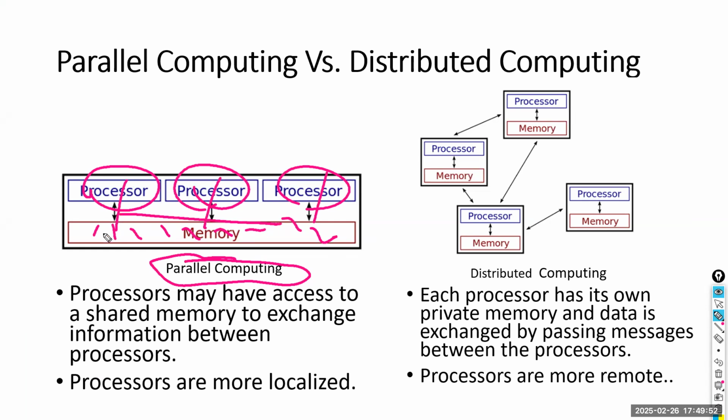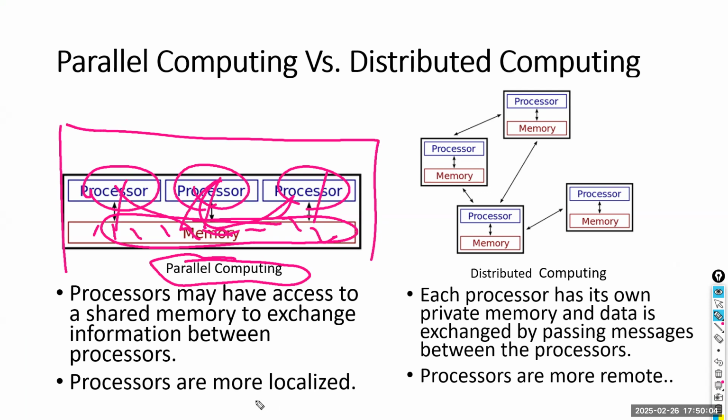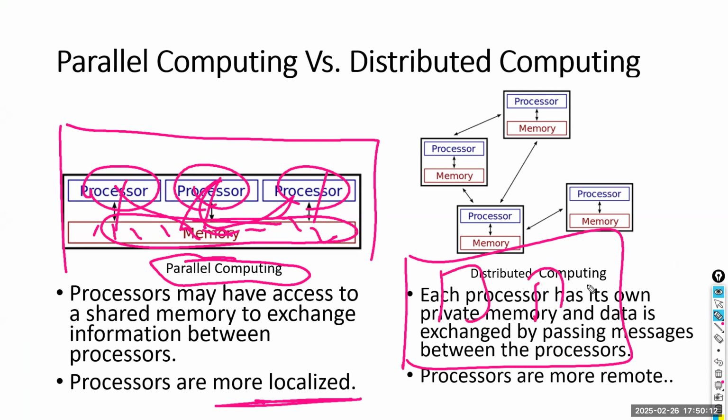Because in the same memory, these processors can exchange data between the processors. But it's the same hardware. It's localized. It's the same computer, same place, same hardware, but you have multiple processors in the motherboard. So that is called parallel computing.